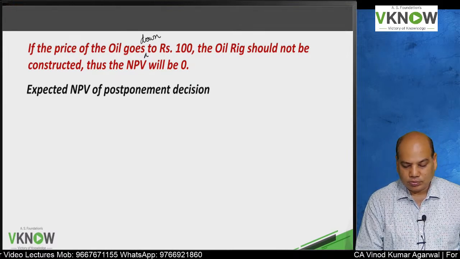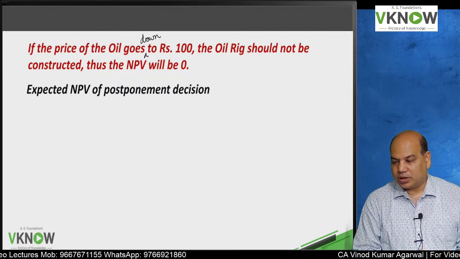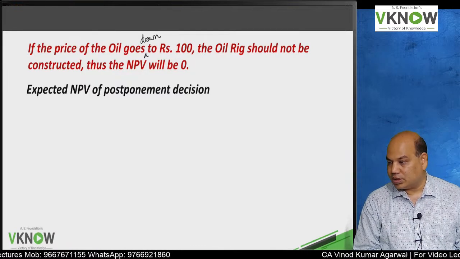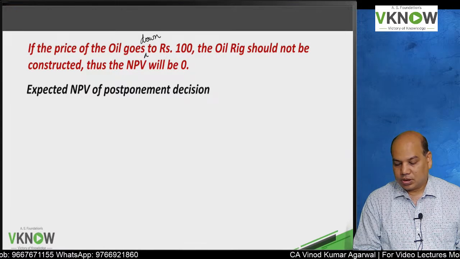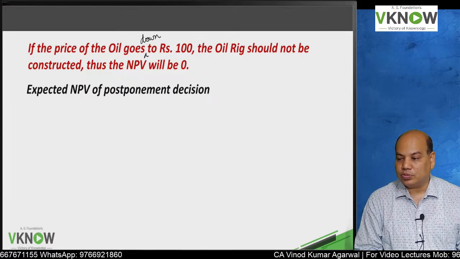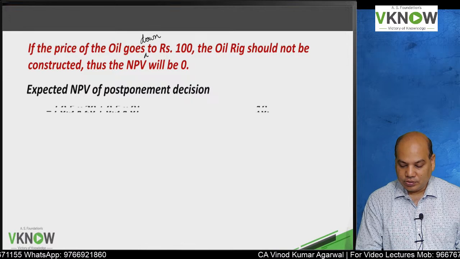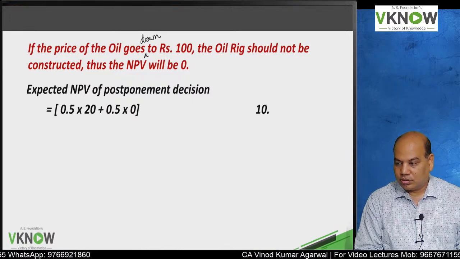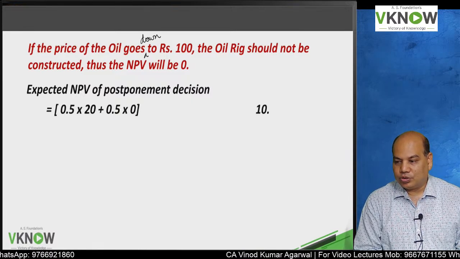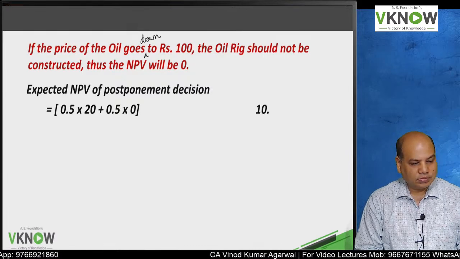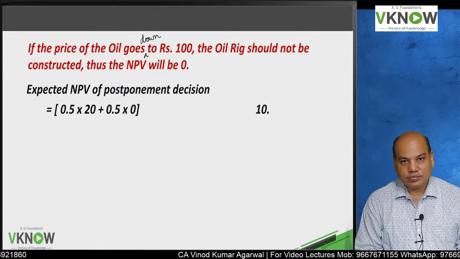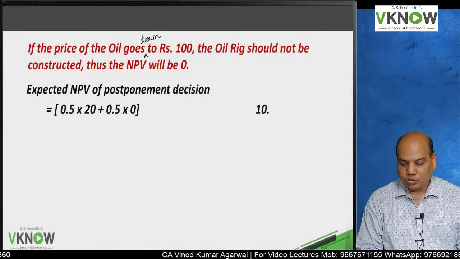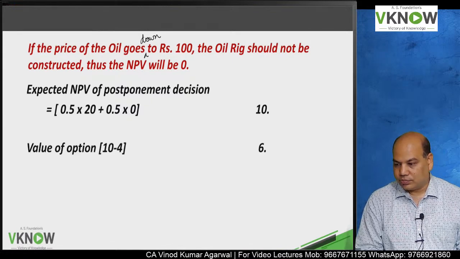Now write down below expected NPV of the postponement decision. Expected NPV of the postponement decision is equal to 0.5 into 20 plus 0.5 into 0, which is 10.